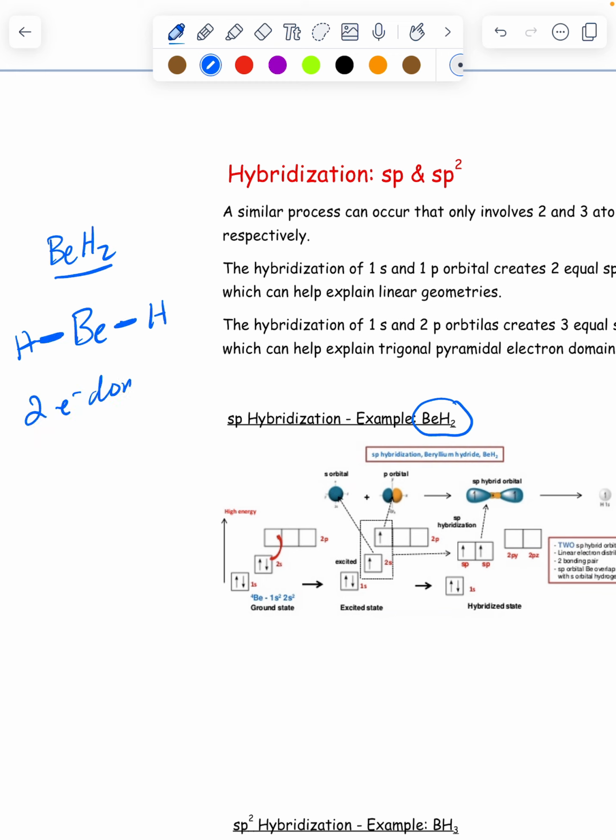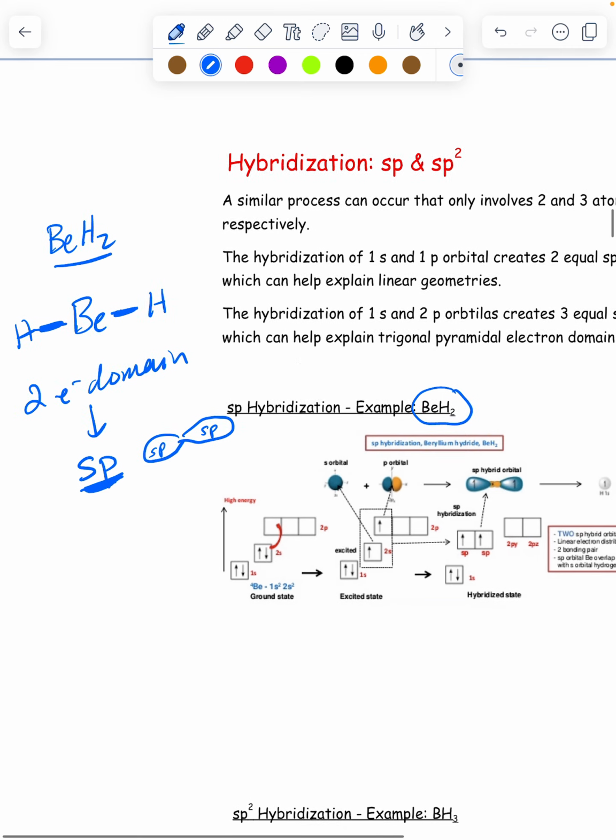As soon as I know there are 2 electron domains, I'm going to associate that with a linear geometry, but also with an sp hybridization type. That's it. That's how you figure out the hybridization type. There are only 2 orbitals mixed together to make the sp orbitals, and the sp orbitals end up taking a linear orientation, which aligns with what we would have said the geometry was here.